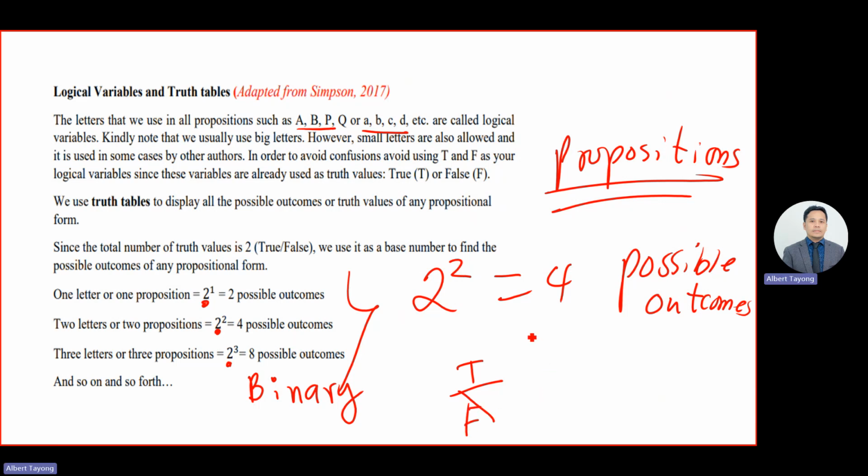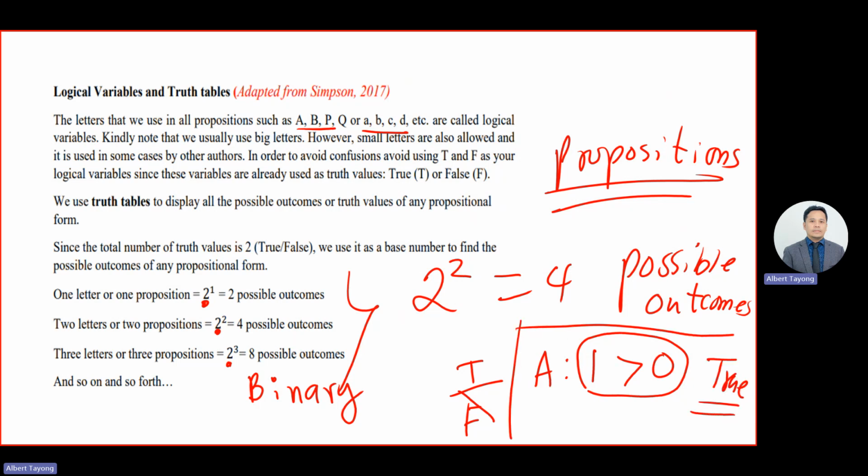Every time we mention one sentence or one proposition, for example, A: 1 is greater than 0, this is our proposition, it could be either true or false. There are 2 possibilities, yes? That's why we use 2 here. So this one is true, 1 is greater than 0.